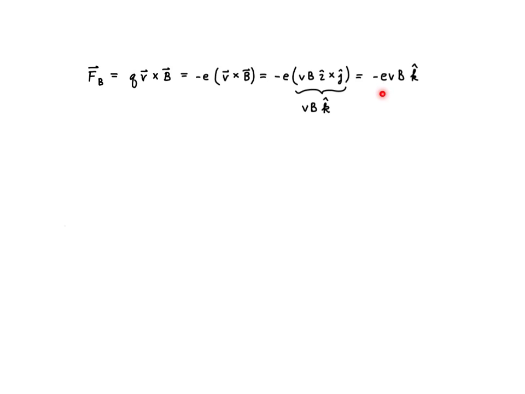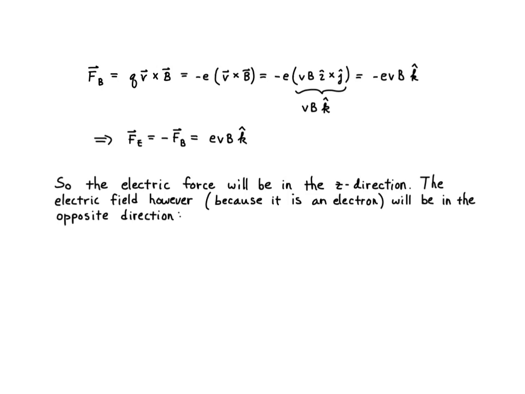So this magnetic force will be opposite to the electric force, and we can substitute it in and get an expression for the electric force of e v B times k hat. So in general, the electric force will be in the z direction.